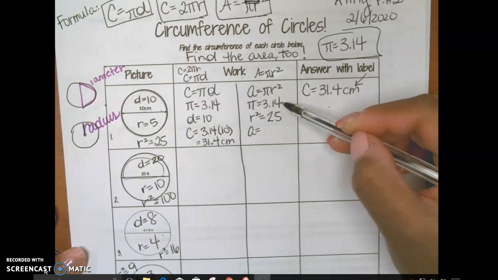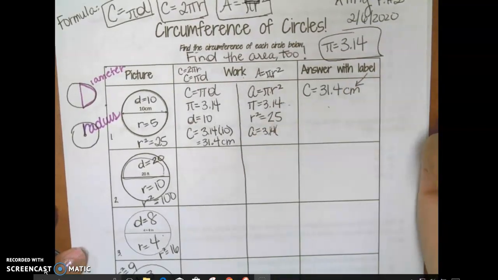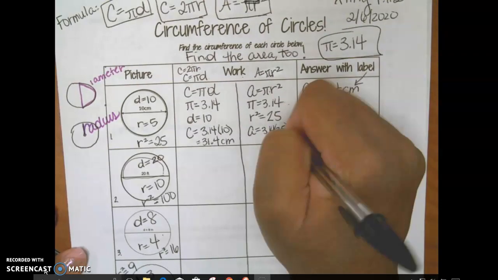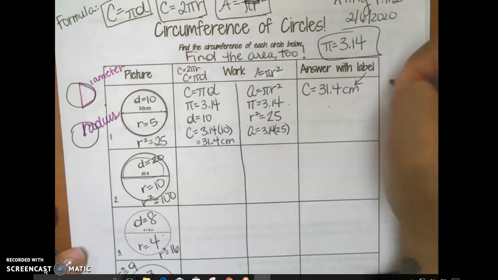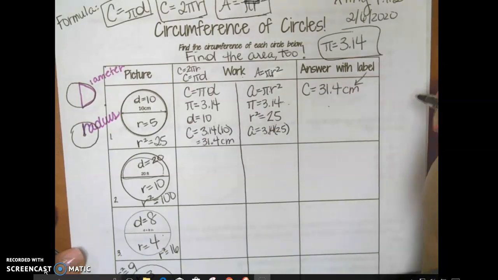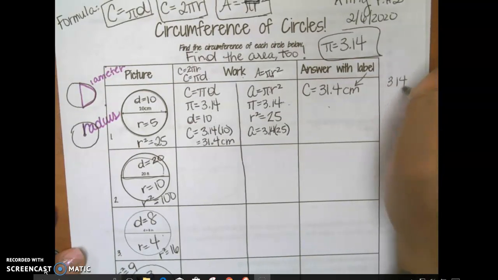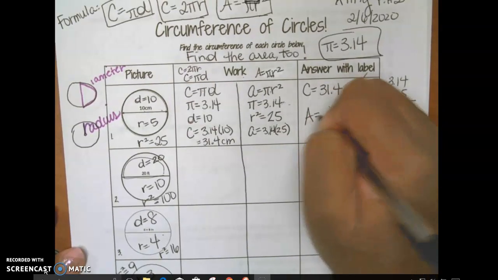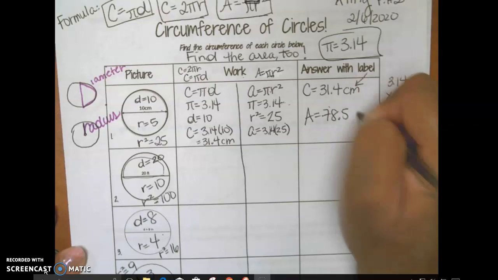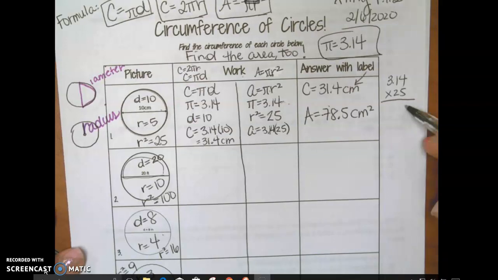What number? 3.14 times 25. You should have that done already as well. No, not 25 squared. It's 3.14 times 25. 78.5 centimeters squared. Those are my two answers there. And I got this from my notebook because I wrote the multiples out already.